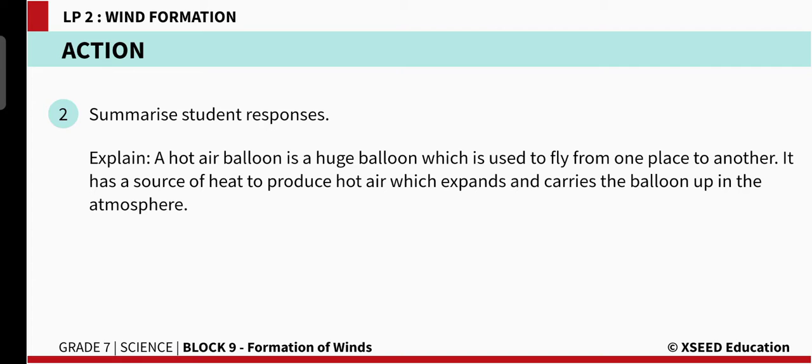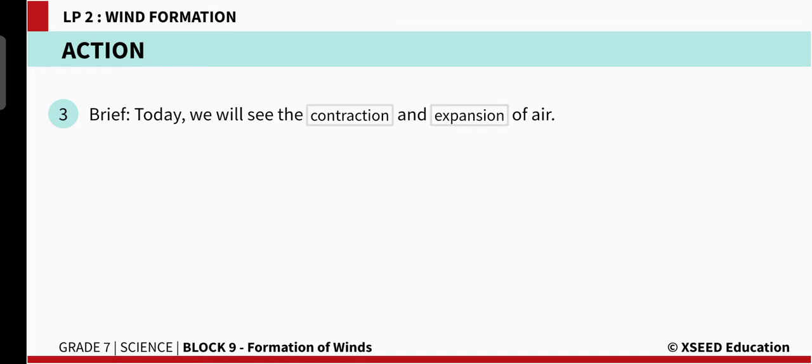It has a source of heat which produces the hot air, and this hot air expands and carries the balloon up in the atmosphere. Today we will see the contraction and expansion of air.